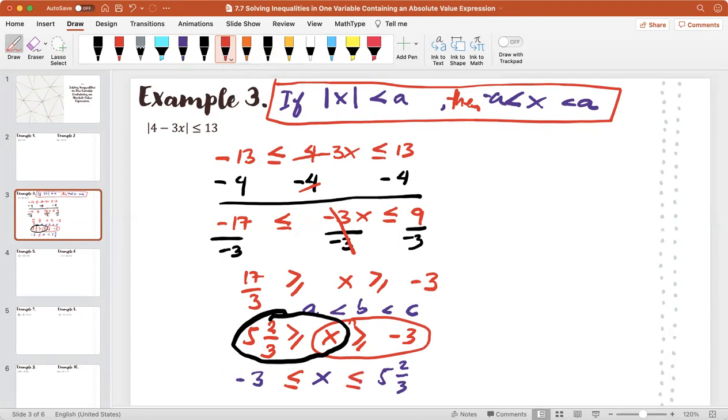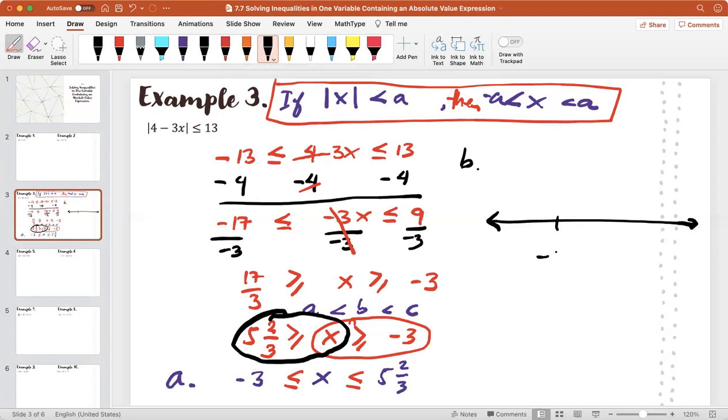So that will now be less than or equal to, which opens towards 5 and 2/3. And that's our solution set in inequality form. So that means that our solution is in between negative 3 and 5 and 2/3, inclusive of negative 3 and 5 and 2/3.